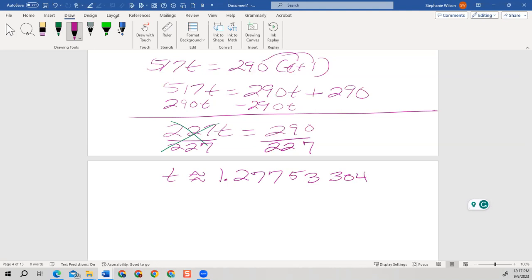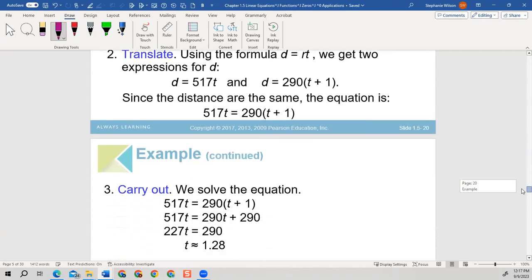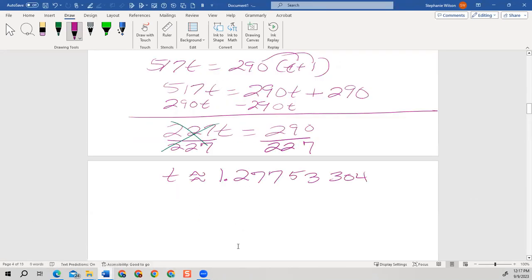So this gives us T time. Let's see how it wants us to round. I didn't see where it asked. Nearest hundredth is what it rounded to. So let's go back and round it. To round to the nearest hundredth, I know this is the hundredths place.